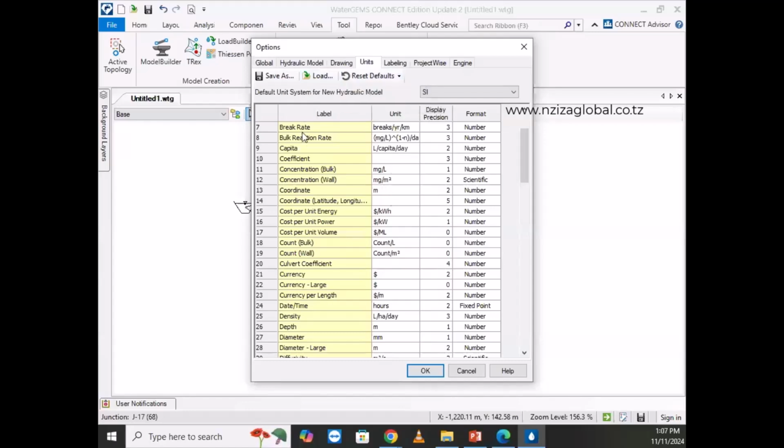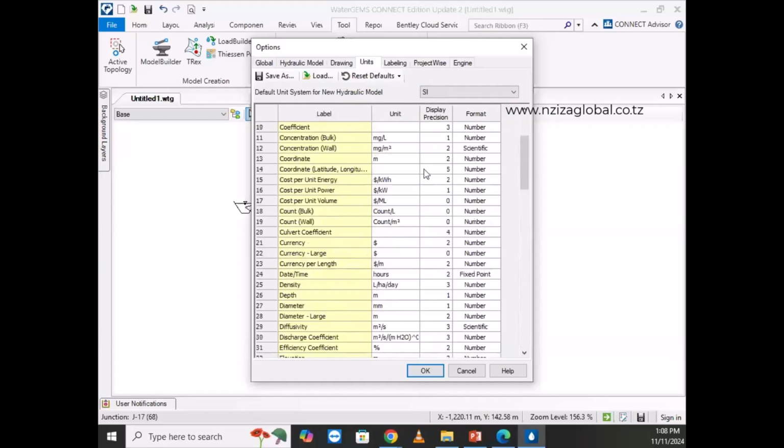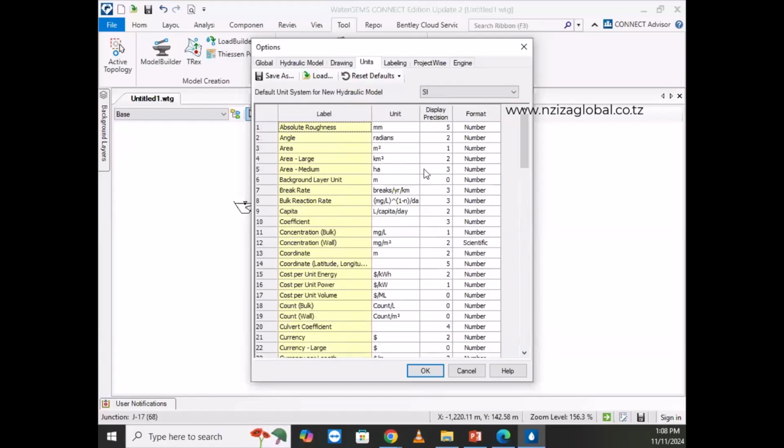You can set it as a default. You set as a default US customary or SI as a default. SI is the good one. Yes, it's a good one.